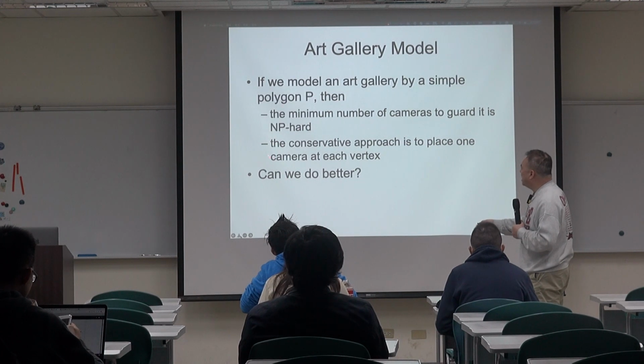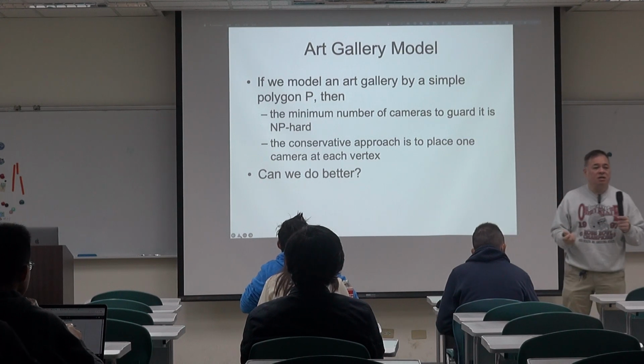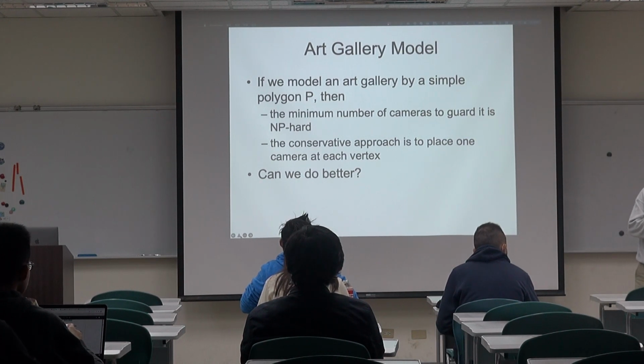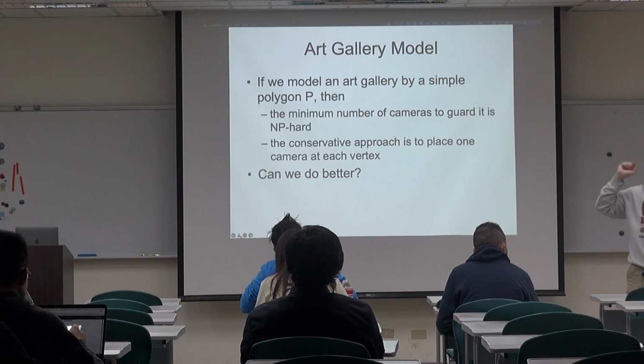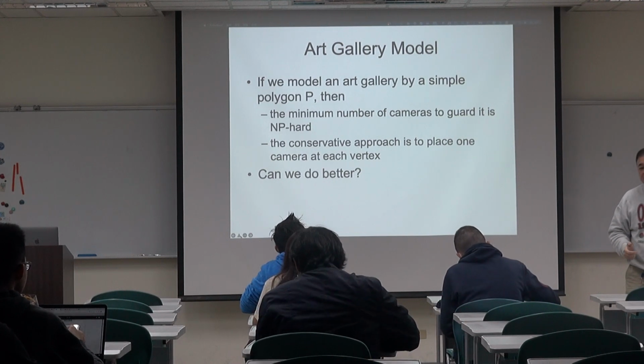So the conservative approach is to place one camera at each vertex. No matter how complicated your simple polygon is, as long as you have one camera installed at each vertex, and remember, the camera can rotate, it should cover all the area in your simple polygon, no matter how you draw it.